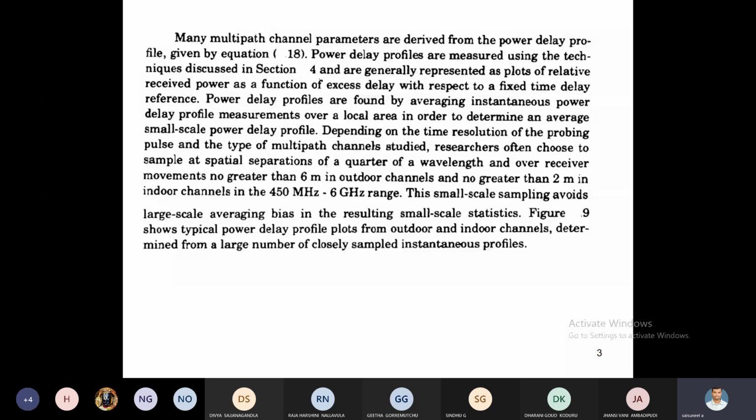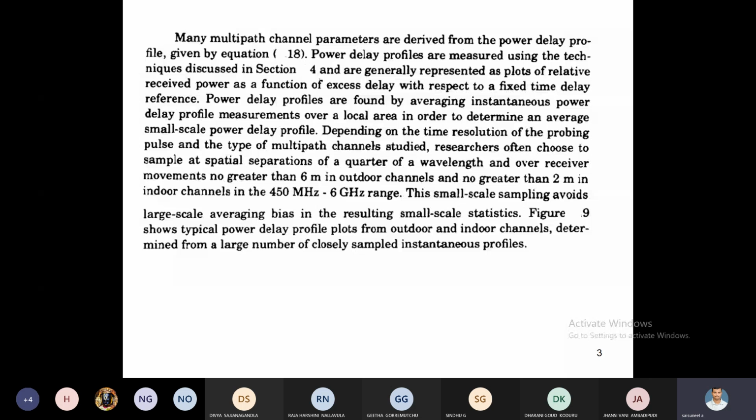The distance between transmitter and receiver is 6 meters in outdoor channels, and 2 meters in indoor channels, with a frequency range from 450 megahertz to 6 gigahertz. Here, see this figure, which shows a power delay profile.